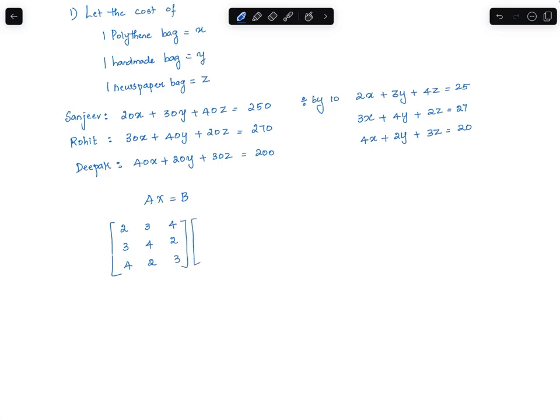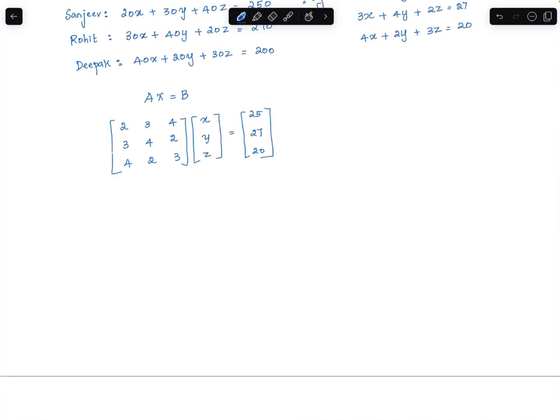And the matrix X is x, y, z, that is the cost of each bag, which is equal to B matrix, 25, 27 and 20.